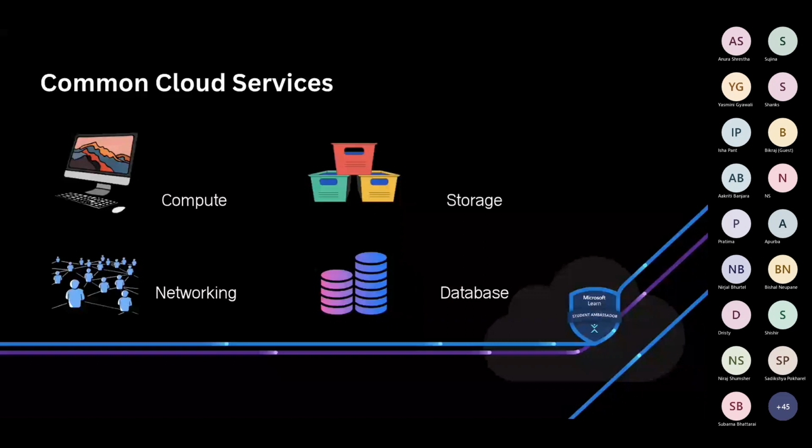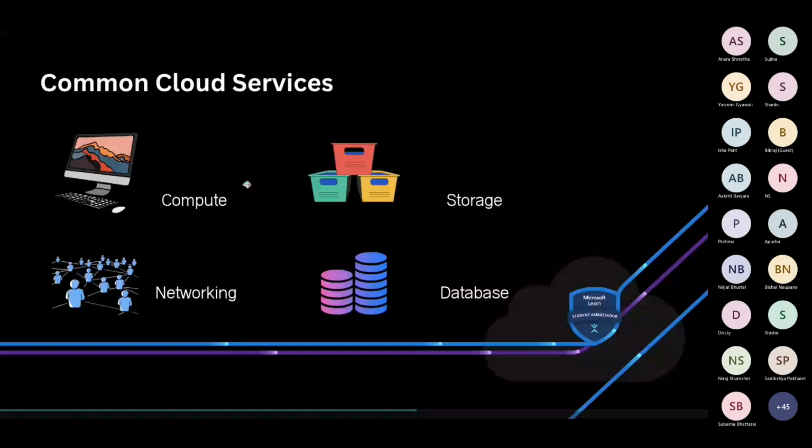Even though there are different kinds of services, storage, database, networking, compute, we refer to it as cloud computing. So cloud computing sums up all the categories. That is what the different cloud services were.